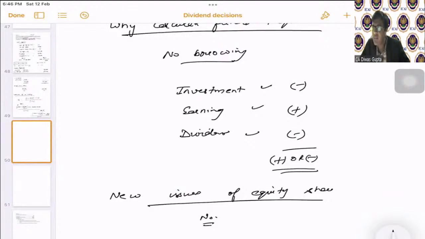Yes, yes, Soumya, we'll come to that. Anyways, one question is due today also in that, so we will cover that question today. Okay, let's move forward now.